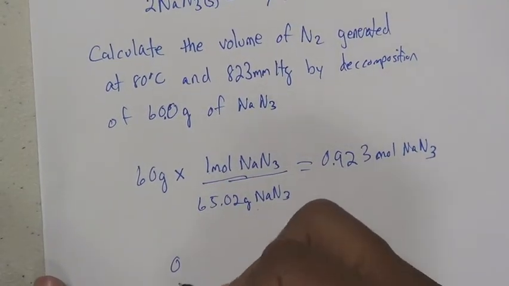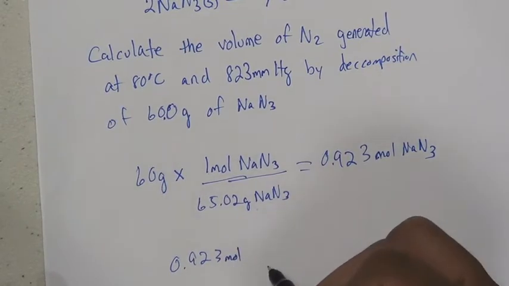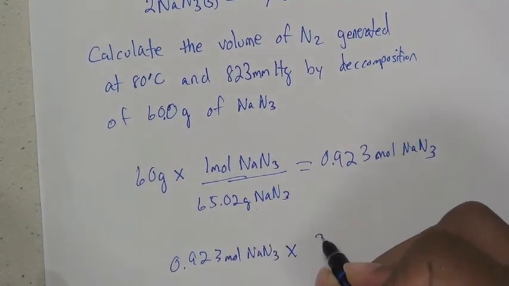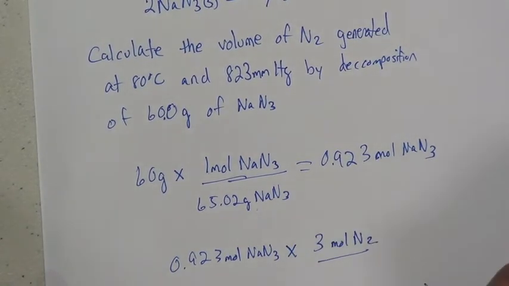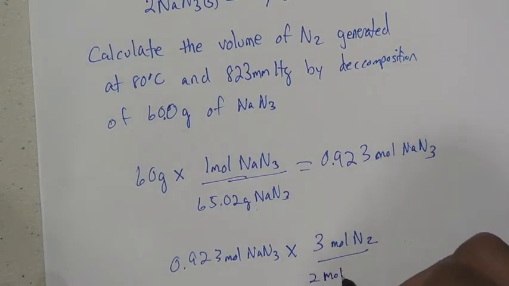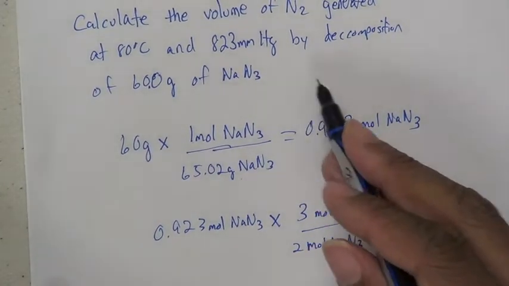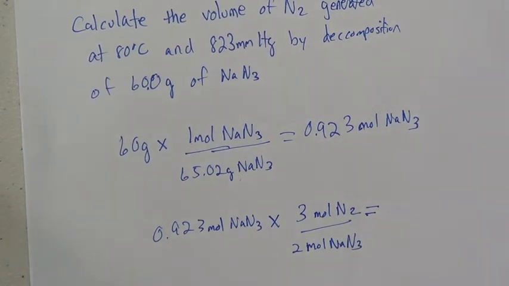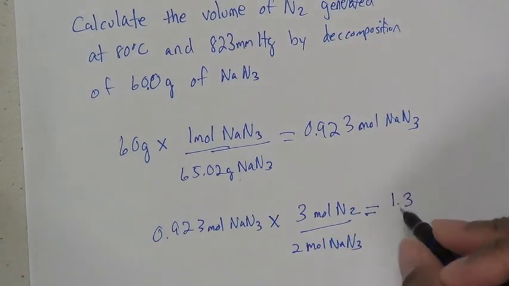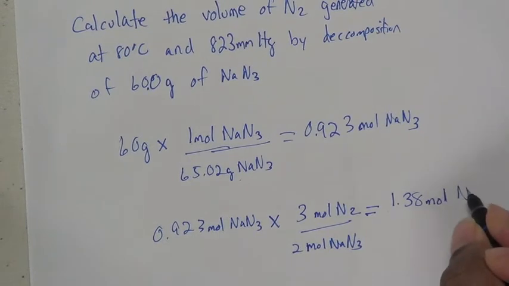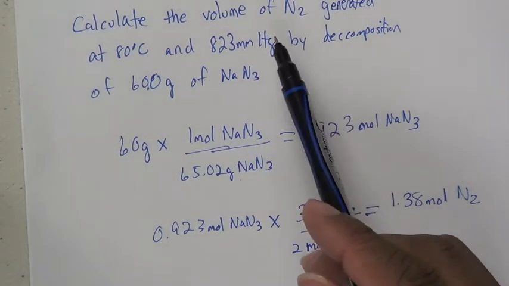So we say 0.923 mole of sodium azide times 3 moles N2 over 2 moles of sodium azide, and that's going to give us our moles of nitrogen gas, which would be 1.38 moles of nitrogen gas.